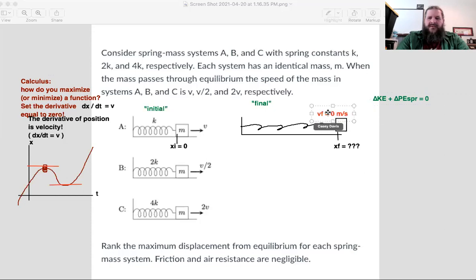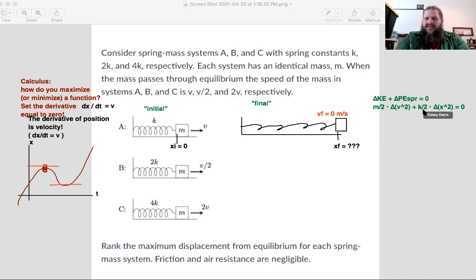And we can fill in formulas for those. Kinetic energy, as usual, half the mass times change in squared speed. Spring potential energy is half the spring constant times change in squared displacement. So that's our equation then. Half the mass times v final squared minus v initial squared plus half the spring constant times x final squared minus x initial squared adds up to 0.